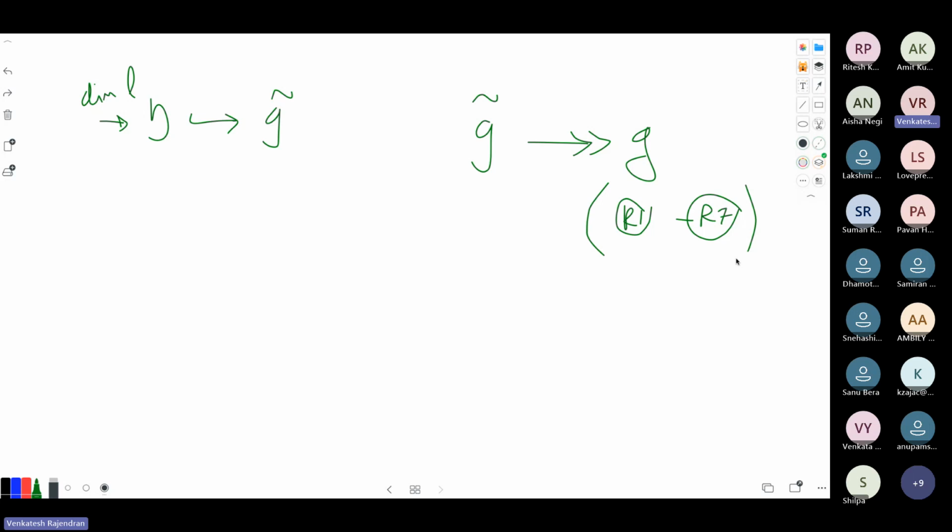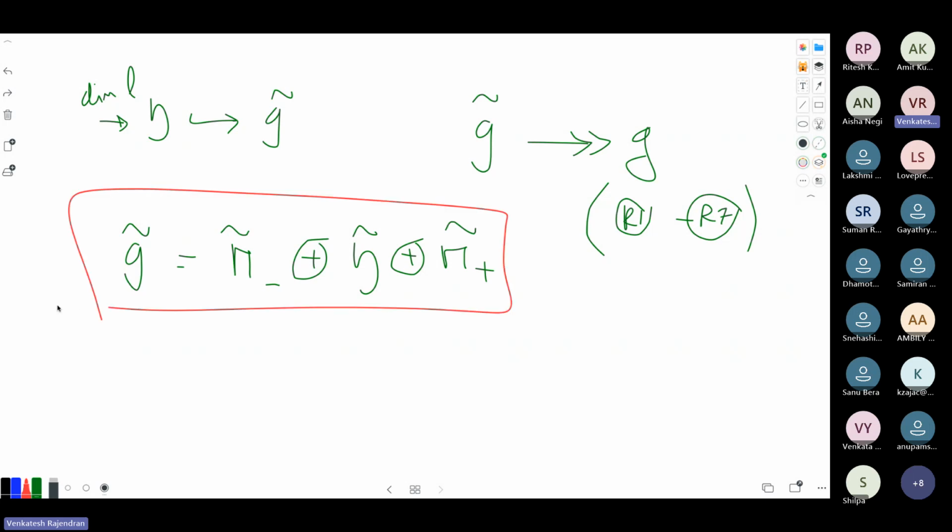Before that, you need to actually see that G tilde has a triangular decomposition. So you can write this as n minus tilde direct sum H tilde direct sum n plus tilde, where n plus and n minus tilde are defined as subalgebras generated by the Xi's and Yi's respectively. Okay, and this is not very hard. This part is just a checking.